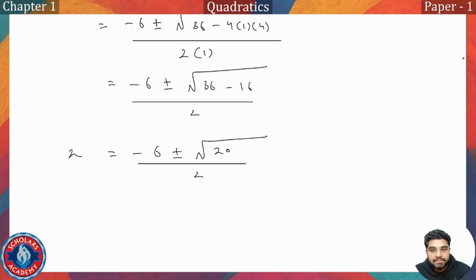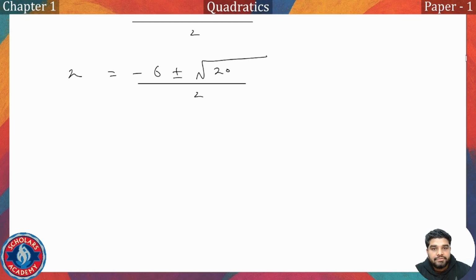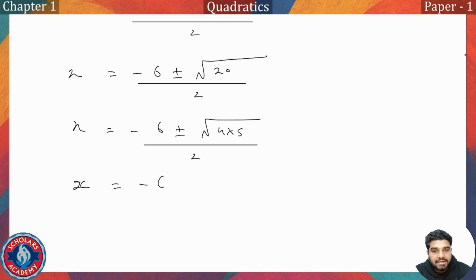So x is equal to this. We can bring 4 out of 20. So x is equal to negative 6 plus minus root of 4 times 5 by 2. If we bring 4 outside of the root, root of 4 is 2. So we get x is equal to negative 6 plus minus 2 root of 5 by 2.